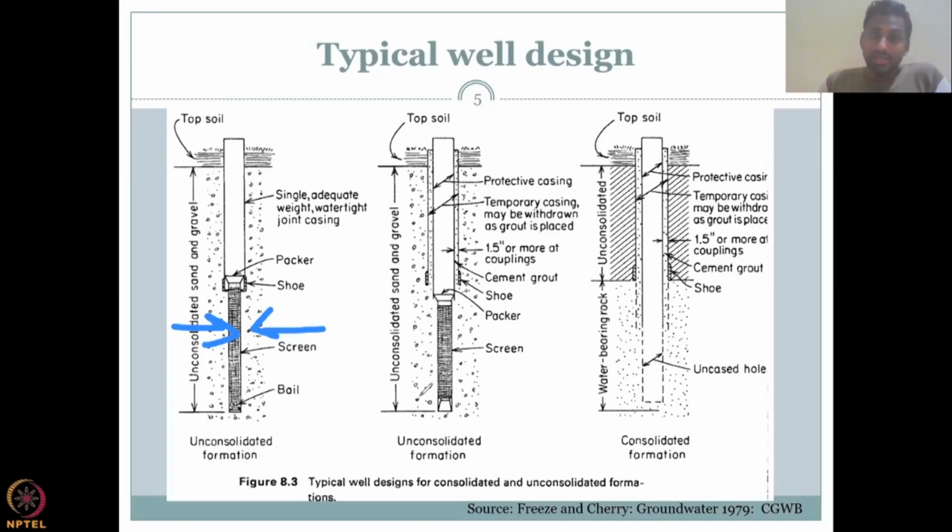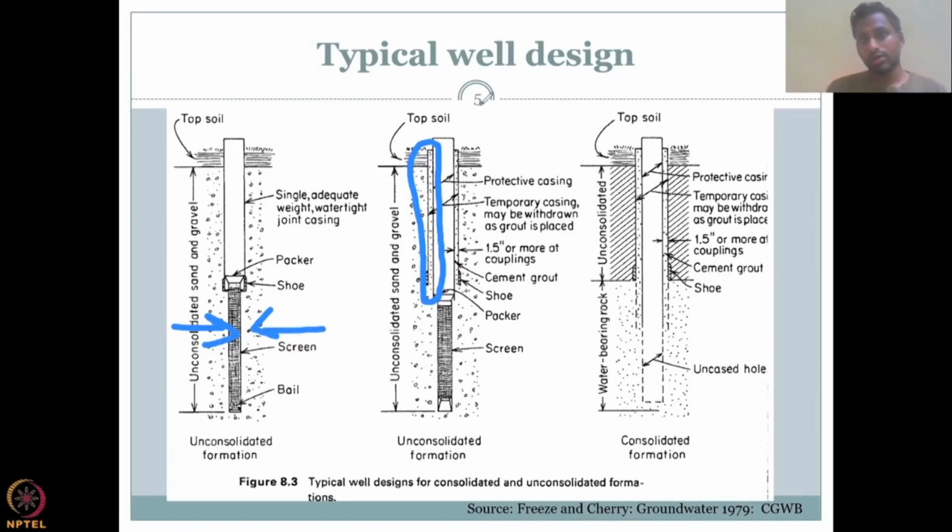So, to increase the productivity of the well, in some locations they make a screen. So you could see here a protective casing. On the outside of the well, there is a casing. It can be along the diameter of the well, like the perimeter of the well. There is a casing which actually prevents the sediment and movement of the material from falling into the well.